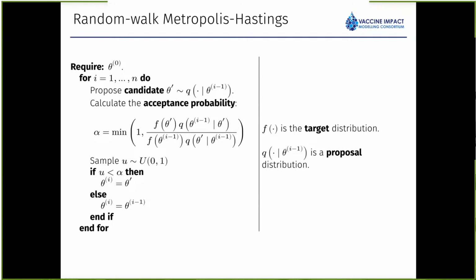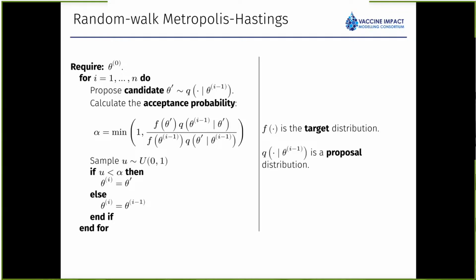So the thing we're interested in sampling is theta. I'm going to use the subscript notation to tell me which iteration of my Markov chain I'm at. So I'm going to start at time point 0, and I'm going to choose an initial value for theta, right? And then I'm going to generate what we call a proposed value of theta by drawing from some distribution that depends on the previous value.